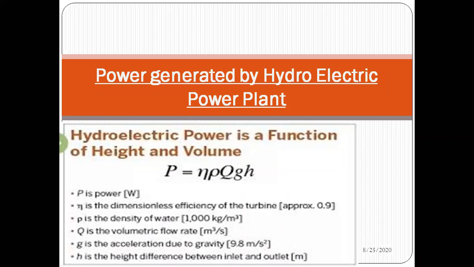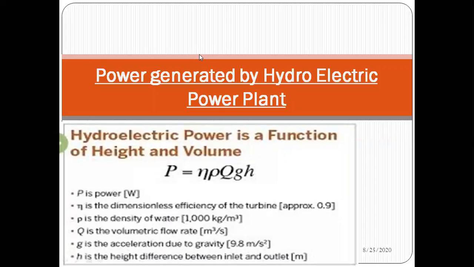The power generated by any hydroelectric power plant is given by the equation P = efficiency × rho × Q × g × H. This is the power equation, where P is the power in watts, and efficiency is the dimensionless efficiency of the turbine, generally taken as about 90% to 95%, because in any hydroelectric power station the turbine efficiency is about 90 to 95%.